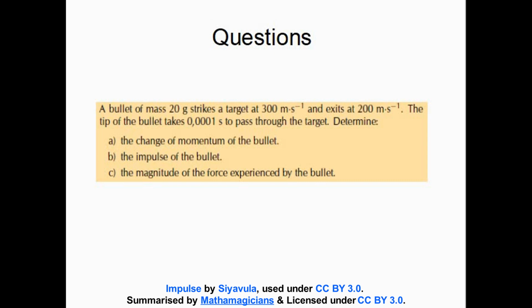Determine A, the change of momentum of the bullet, B, the impulse of the bullet, and C, the magnitude of the force experienced by the bullet. I'm going to leave this question to you to attempt on your own, and then I will do the solutions. So go ahead and attempt this question right now, and then come back to the video and see the solutions.